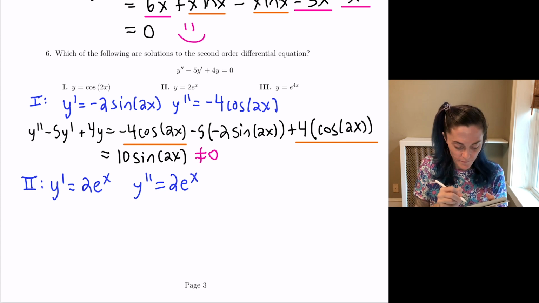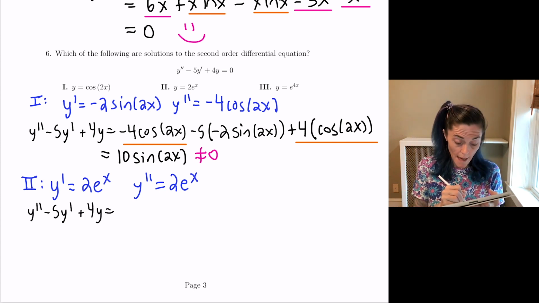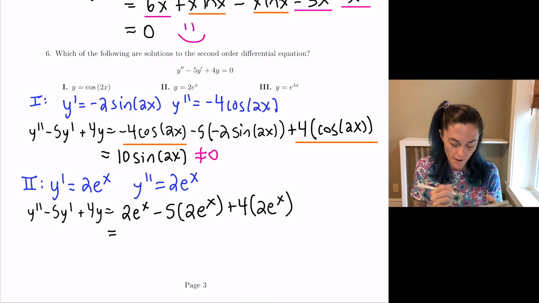Okay, now let's jump into our differential equation. So y double prime is 2e to the x, minus 5 y prime, 2e to the x, plus 4 times y, 2e to the x. Okay, what do we have here?